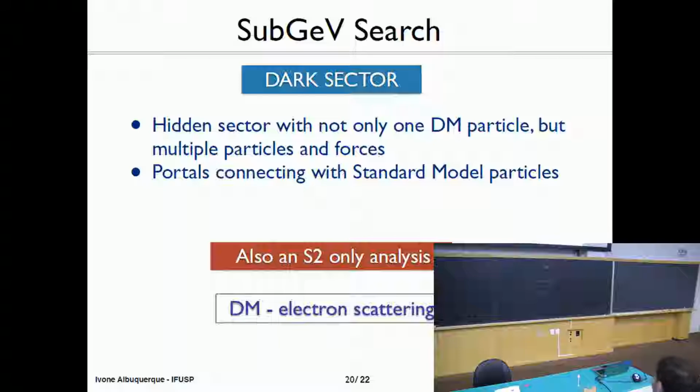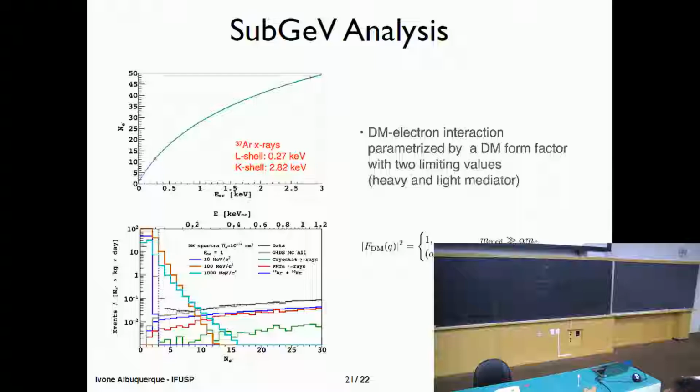And in terms of modeling, the interesting thing here is that the dark matter will interact with the electron, so it would be dark matter electron scattering. The dark matter electron interaction will be parameterized by a form factor with 2 limiting values, a heavy and a light mediator.